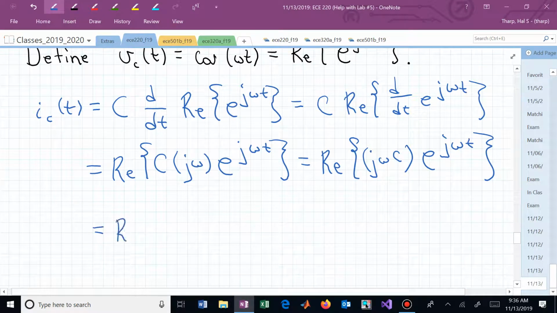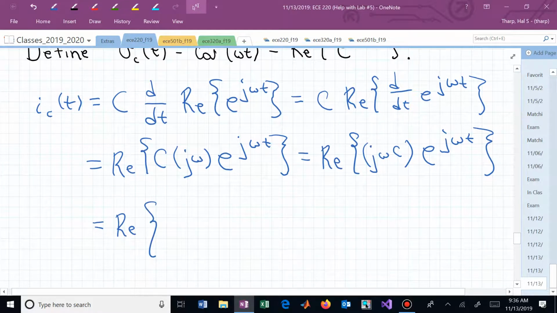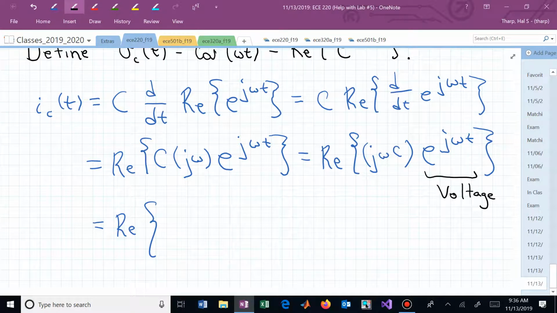And if we wanted to make that look like an impedance, because this is now our voltage, what scales the voltage, or rather, if we divide the voltage by an impedance, we'll get a current. So now let's represent j omega c by 1 over 1 over j omega c.